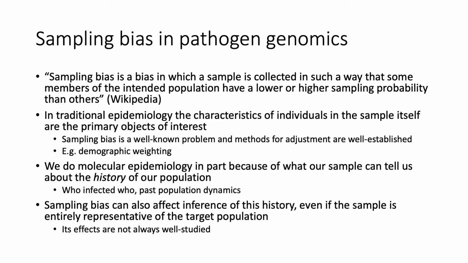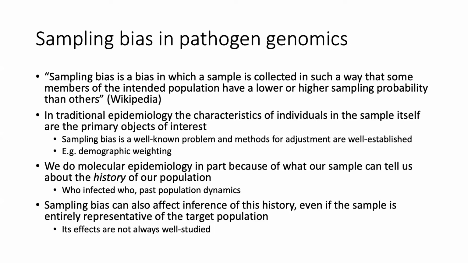But the thing about molecular epidemiology is that part of the reason we do it, and maybe the primary reason, is that we're not just interested in what our sample tells us about themselves, but what the sample tells us about the history of the population. That's what the tree is. It's a reconstruction of the ancestry of our sample.